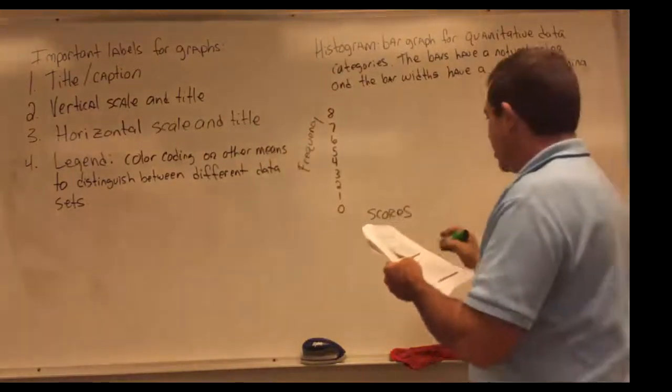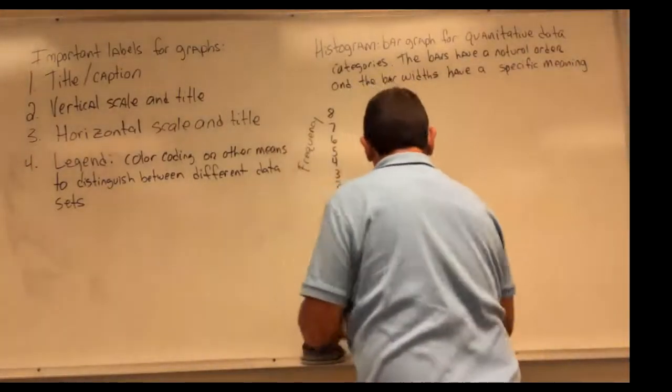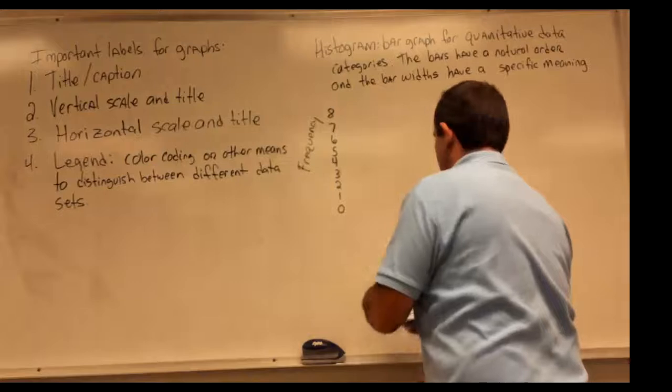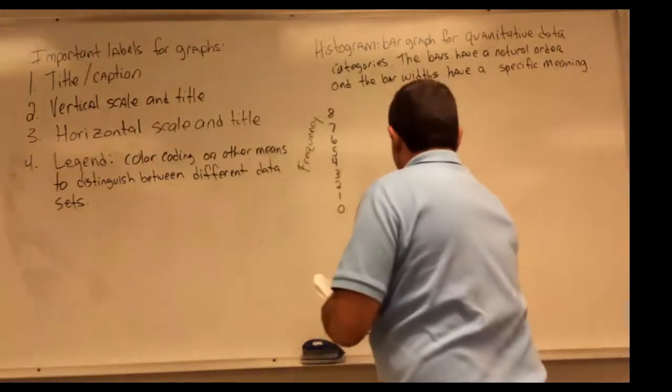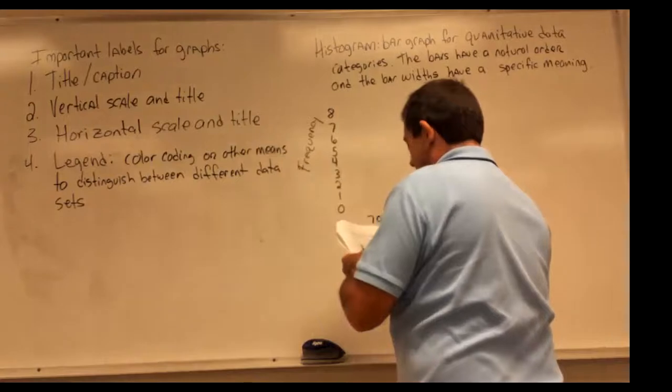All right, then let me see. These scores go from 70. I'm going to bring that down just a little. So they start at 70 and go up by 5s.